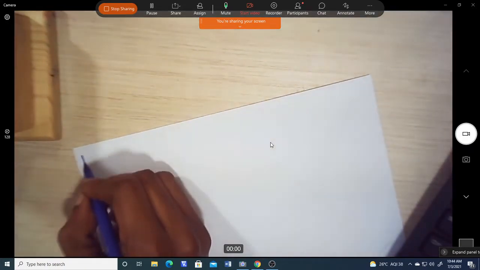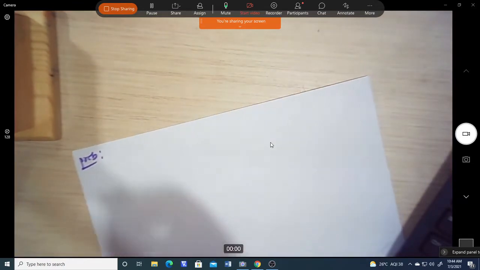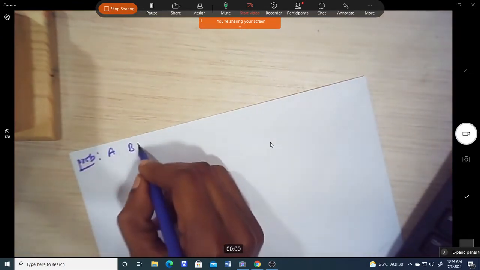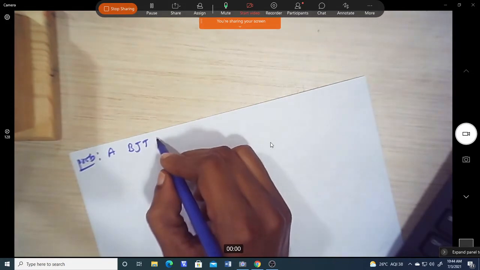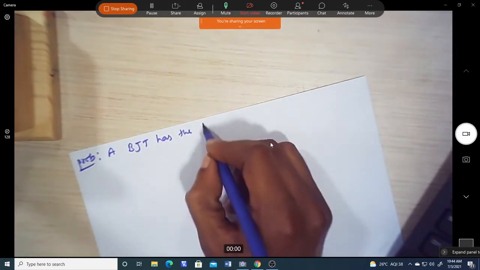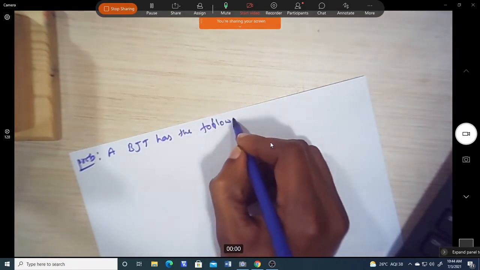So in this problem, you take a BJT that has the following S parameters.